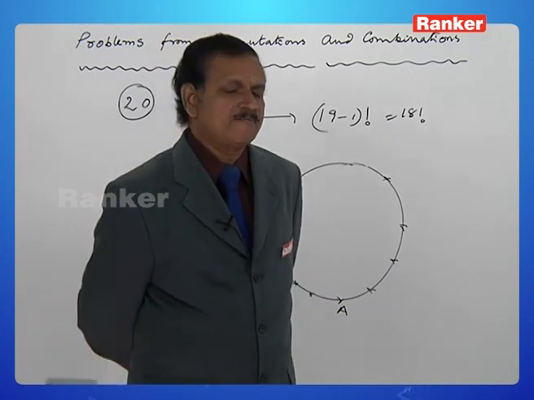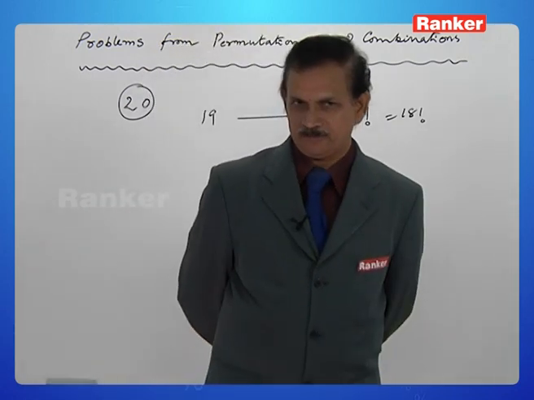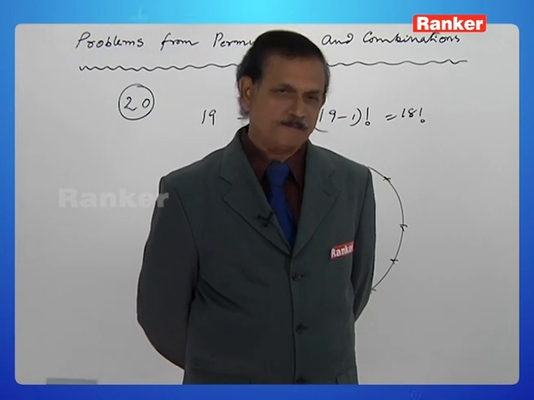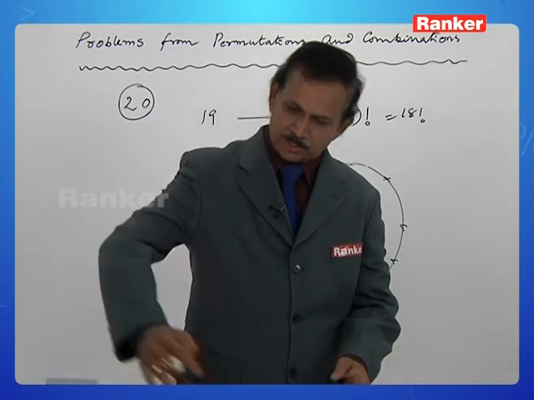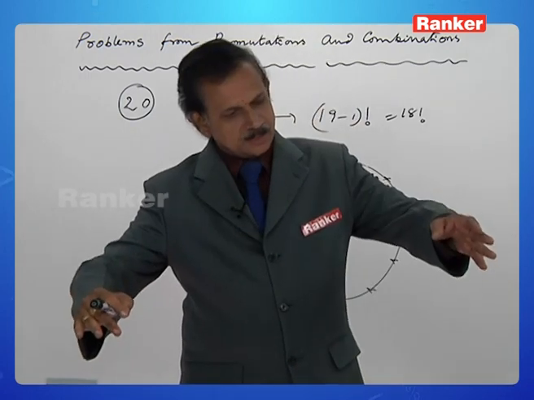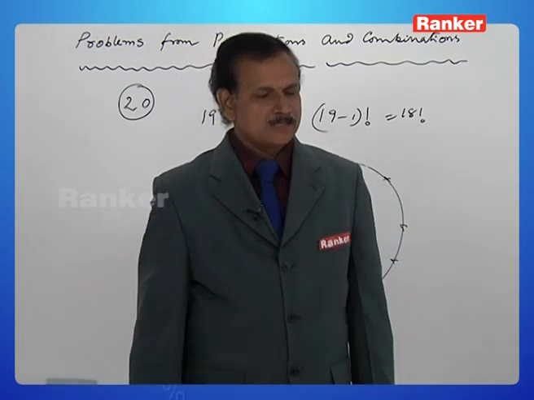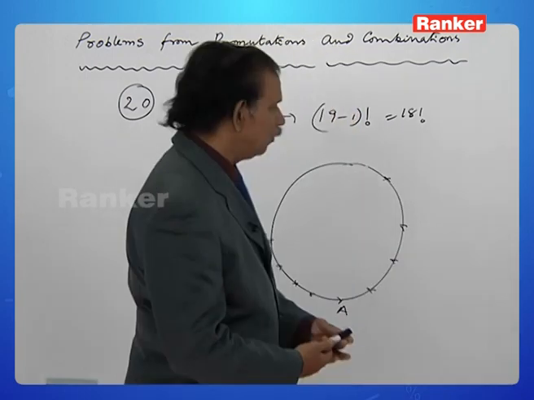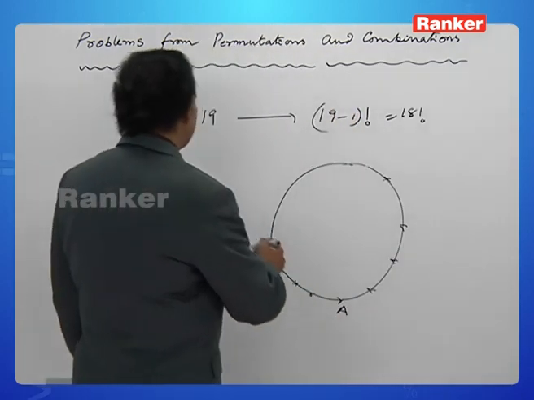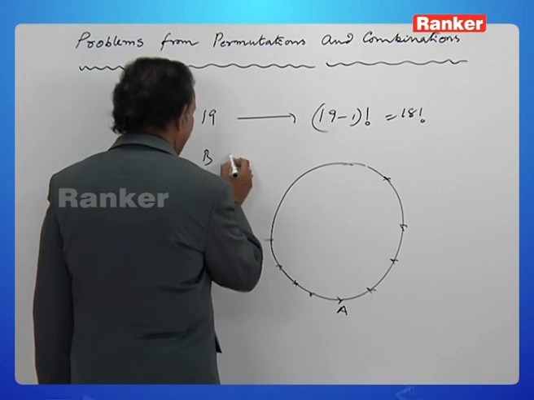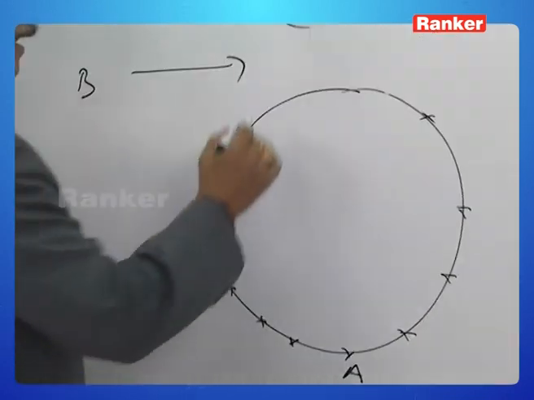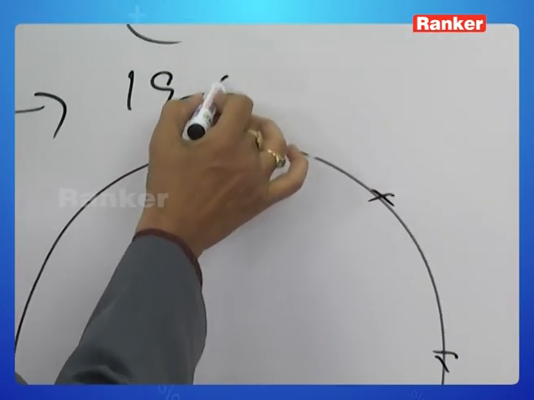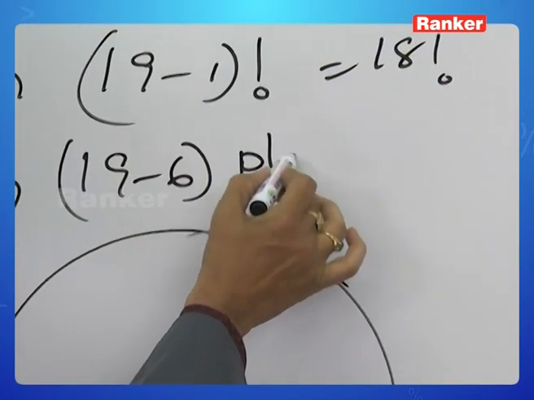What is the total number of gaps? 19 gaps are there. How many gaps you are supposed to leave? 3 in this direction, 3 in this direction. How many? 6 gaps you may have to leave. So, what is the total number of suitable places for B to be arranged? In the 19 minus 6 places.